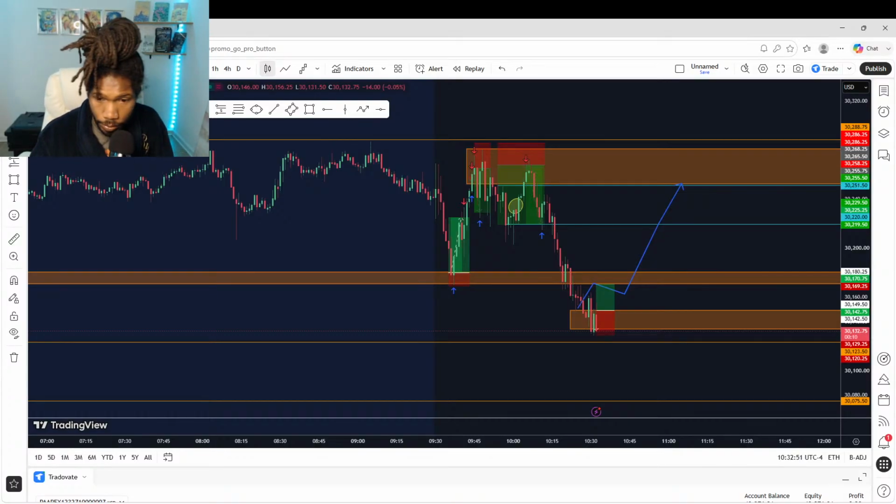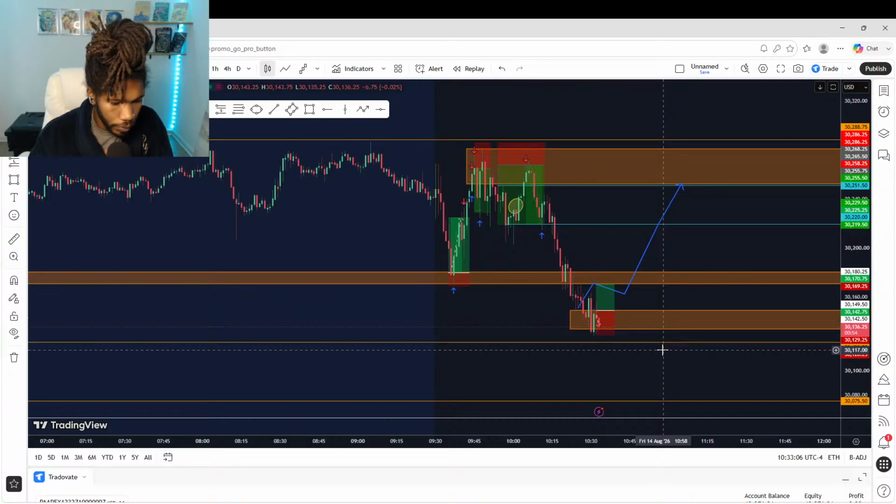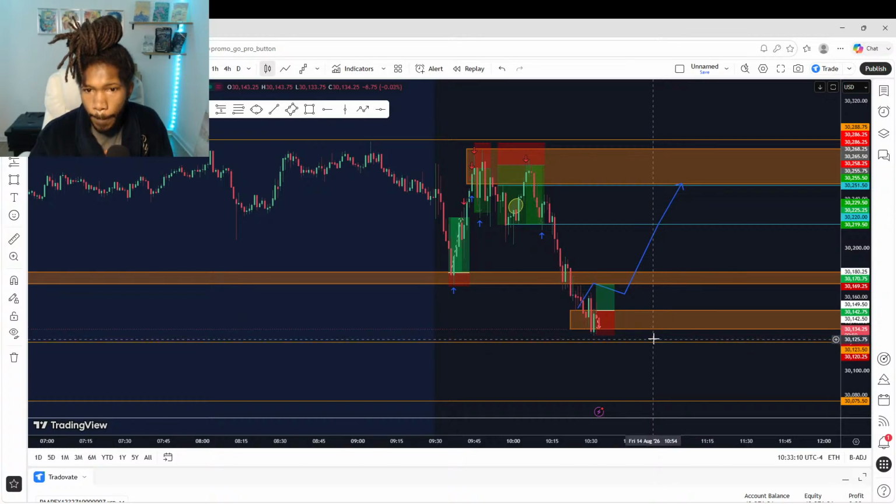Price looks like it just wants to keep dumping though. It keeps pushing. It might take out this level from the hour time frame, just a liquidity level. Let's see what it does.